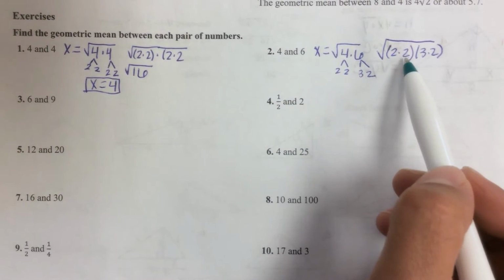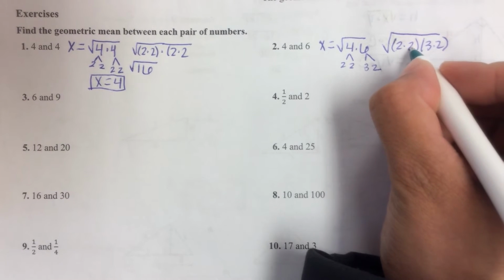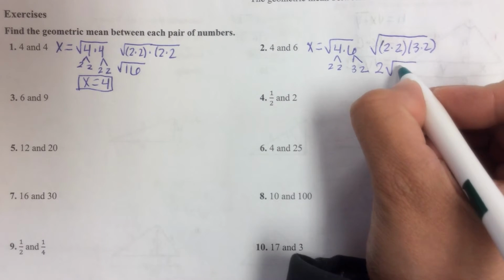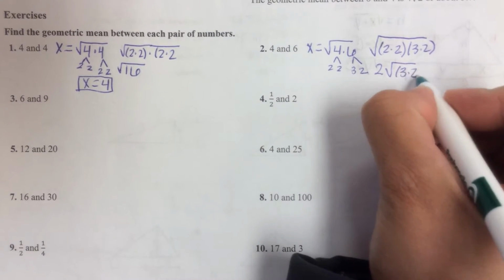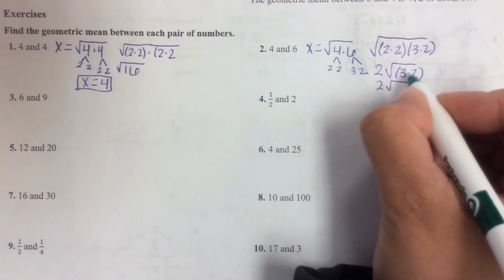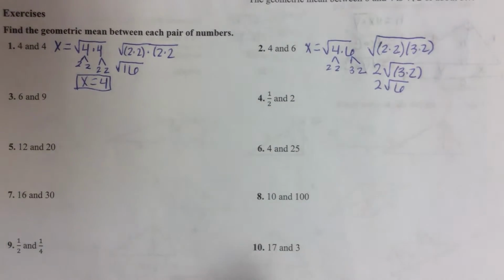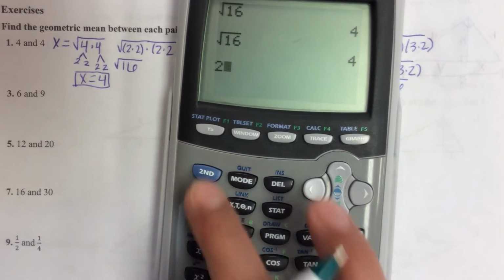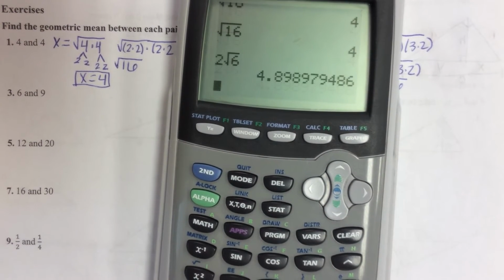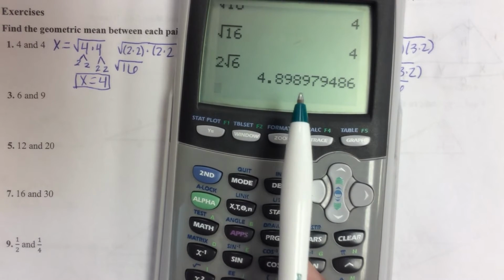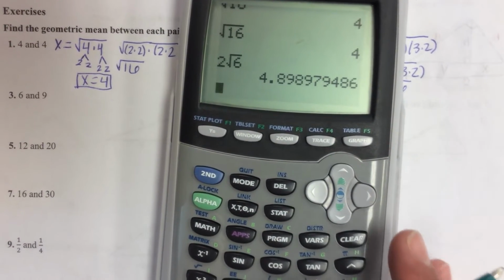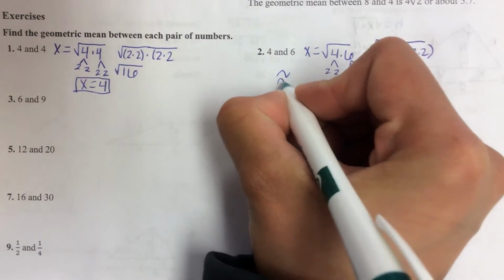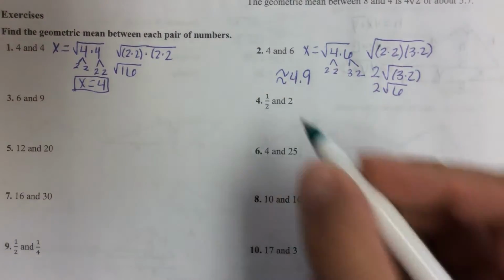Anything that is doubled you can pull out, so you can pull out this 2, giving 2 square roots of 3 times 2, or 2 square roots of 6. When you stick that into the calculator, that gives you 4.89, and we want to round, so it will be approximately 4.9.